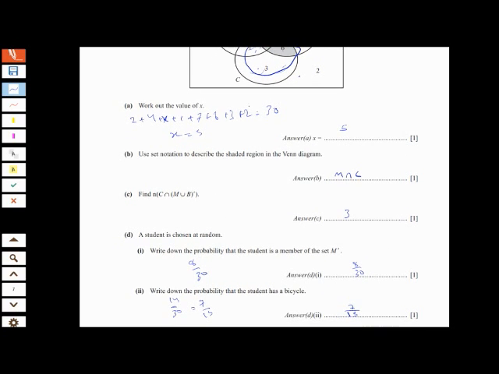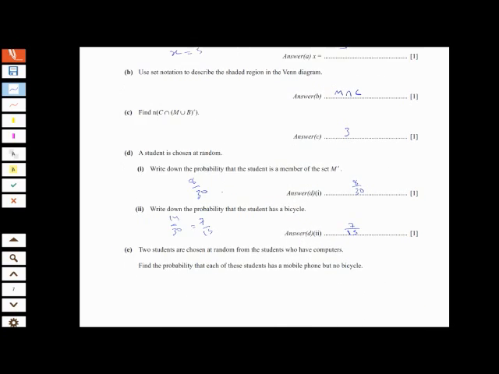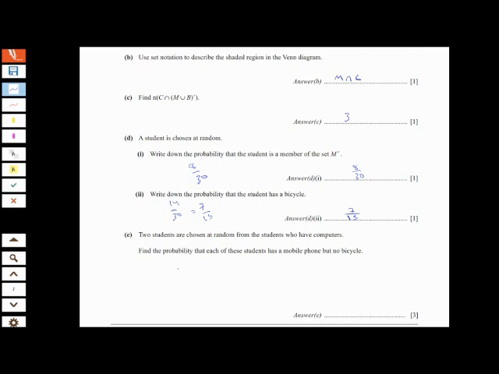First one, 6 over 17, total number of people who have a computer, times, that's the first student. The second, because they said two students, is 5, because we already took 1, so what's left is 5. Same goes here, because we already took 1, what's left is 16. That's the second student. Now we multiply both fractions and you get 15 over 136. That's your answer.